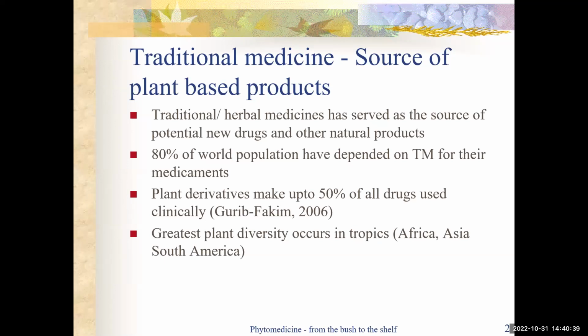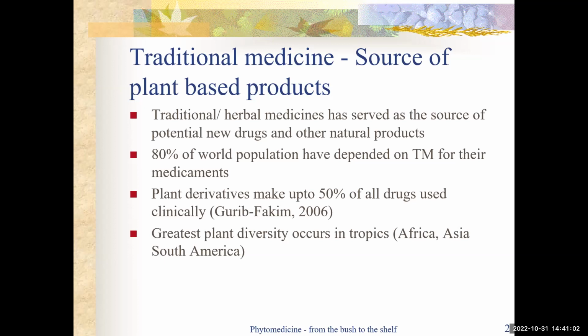And it's not just medicine. I'm just using herbal medicine now because it's the most prominent, but we also have many other natural products. For example, we have rubber from plants, and that must have come from the traditional way of using our plants.